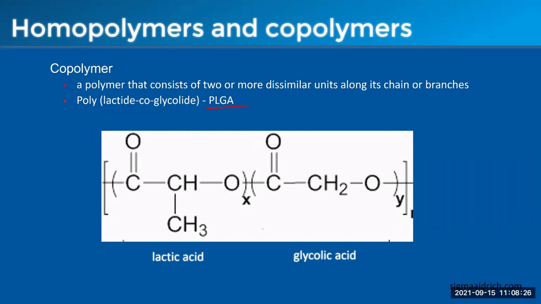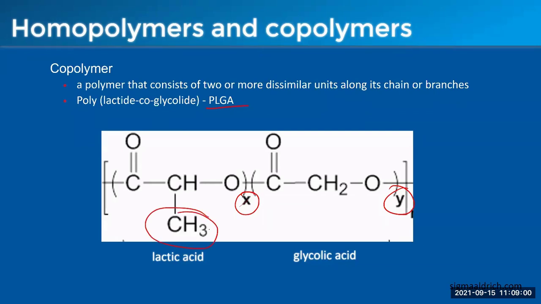But for the purpose of this lecture, PLGA is considered a copolymer because we've got two different types of monomers incorporated onto the chain. And you'll notice that there's an X here and a Y here. Those refer to the ratio of lactic acid to glycolic acid that you have in your polymer. You can control that somewhat with the reaction conditions, but you'll want to characterize what this X and Y are, because they dictate the properties of the polymer.